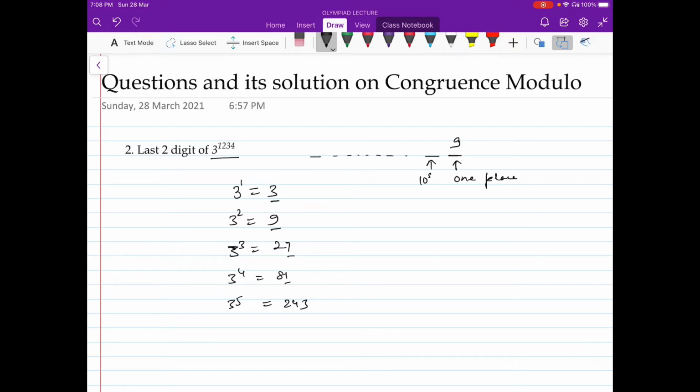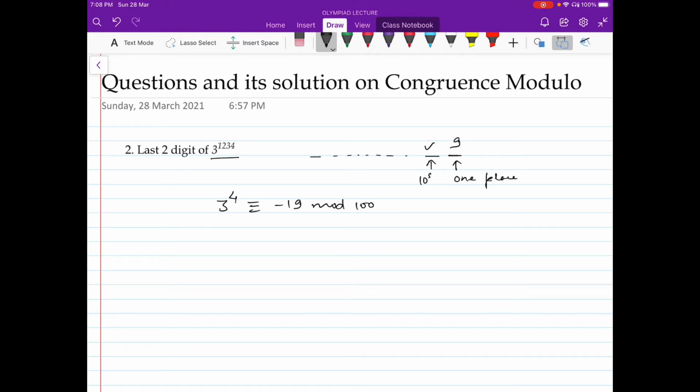We know the last digit by the help of cyclicity, but we have to find the other digit also. So we will take the help of congruence modulo and solve this problem. By the definition of congruence modulo, we know that 3 to the power 4 is congruent to minus 19 mod 100, because dividing 81 by 100 leaves the same remainder as dividing minus 19 by 100.